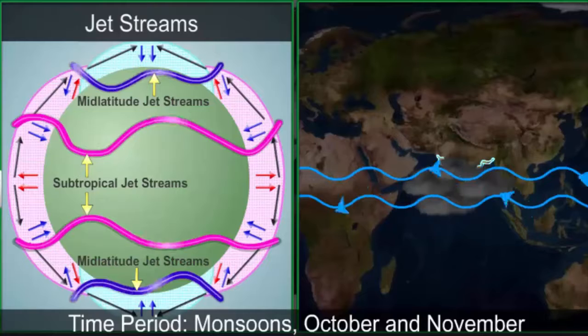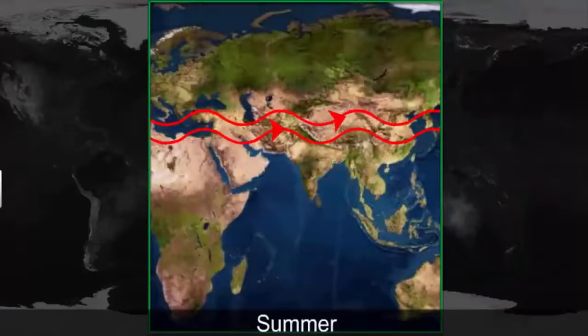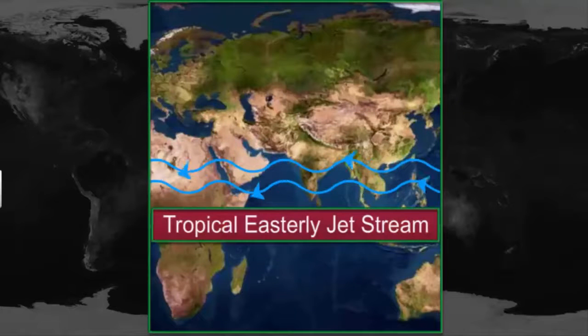In summer, the subtropical westerly jet streams move north of the Himalayas with the apparent movement of the sun. An easterly jet stream, called the tropical easterly jet stream, blows over peninsular India, approximately over 14° north during the summer months.